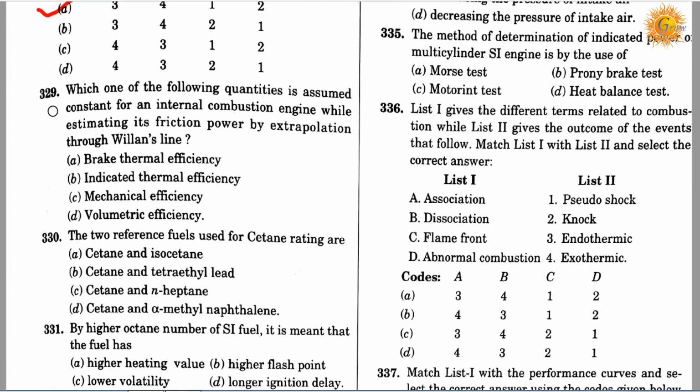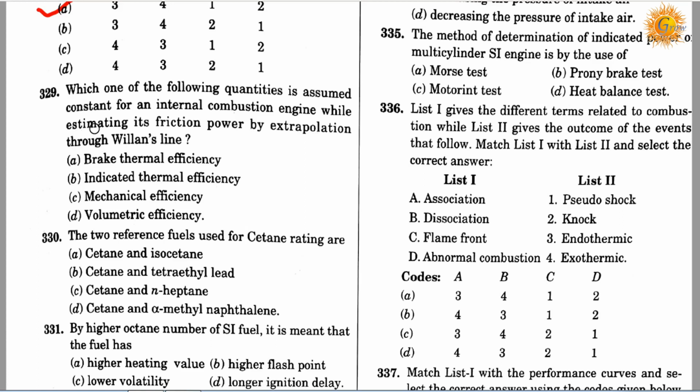Question number 329. Which one of the following quantities is assumed constant for an internal combustion engine while estimating its friction power by extrapolation through the Wilson line?